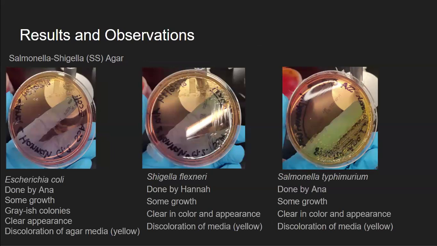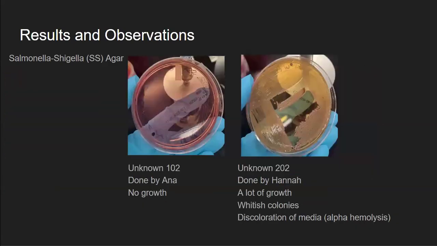And for Salmonella typhimurium, it was the same. Some growth, which was clear in color and appearance, and also discolored the media to yellow. For unknowns, 102 had no growth, but 202 had a lot of growth of whitish colonies, which also discolored the media through alpha hemolysis.